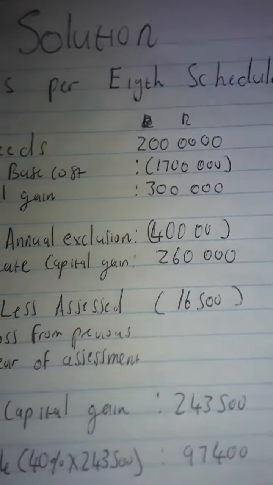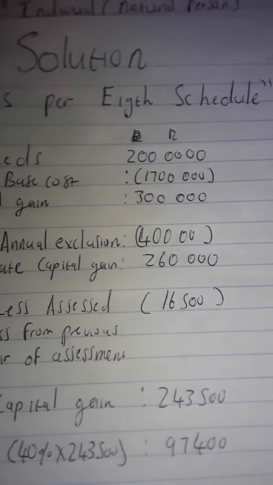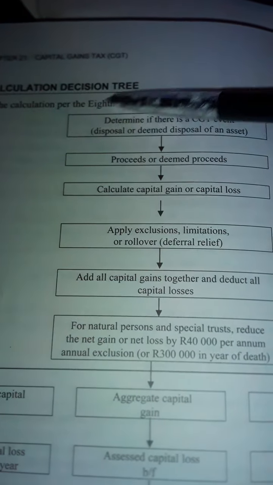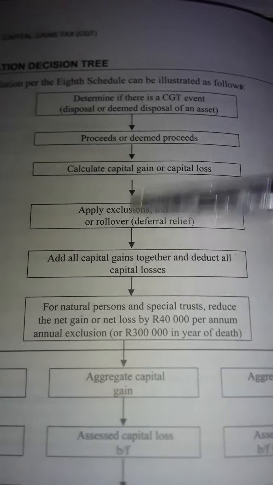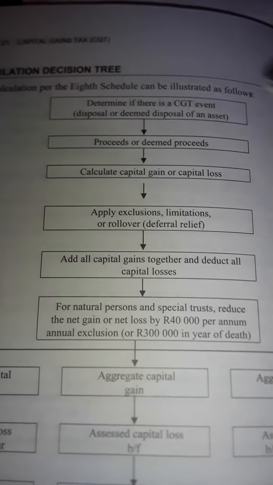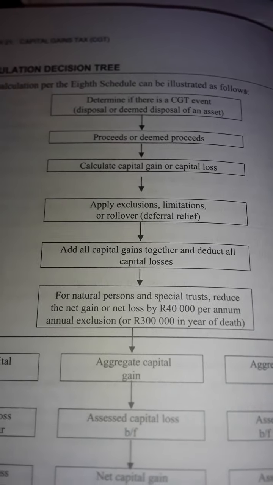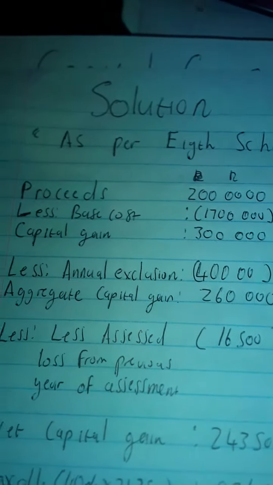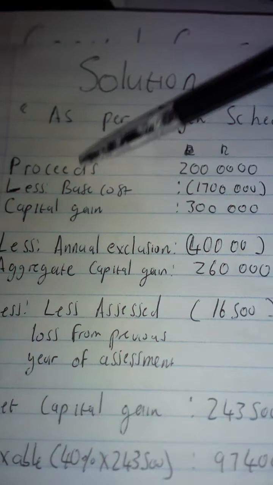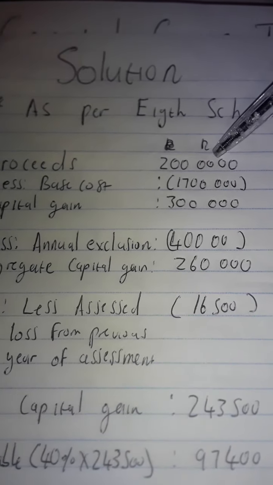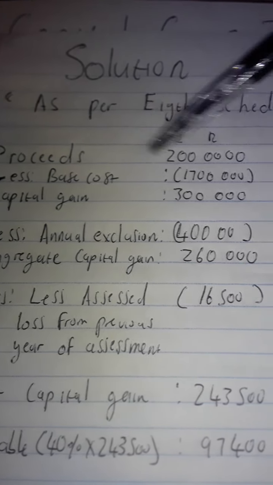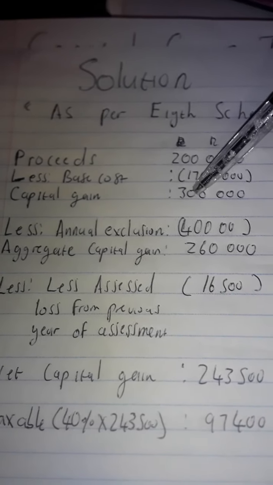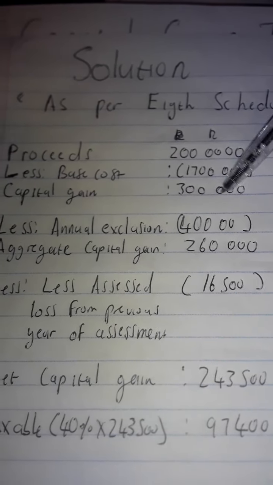Okay guys, so now this is the solution for our example as per the 8th schedule. This is the 8th schedule, right? It basically gives us steps on how to do the whole calculation, and the formula. So the land was sold for 2 million. It was bought for 1.7 million. If you do that on your calculator, you realize that there was a capital gain of 300,000.